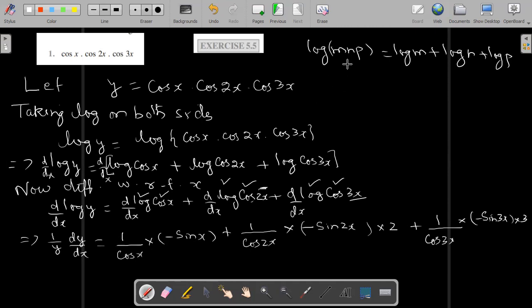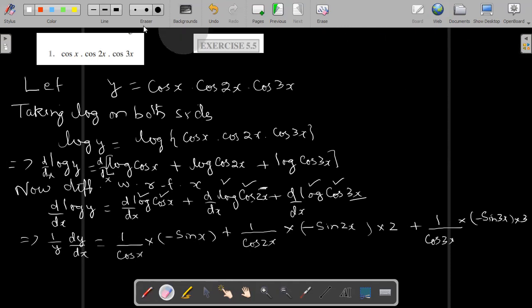So dy by dx is equal to y on the right hand side, and inside the bracket, minus sin x upon cos x, so we can write minus tan x, then minus 2 sin 2x upon cos 2x, that is tan 2x, then again minus 3, sin upon cos will become tan 3x.